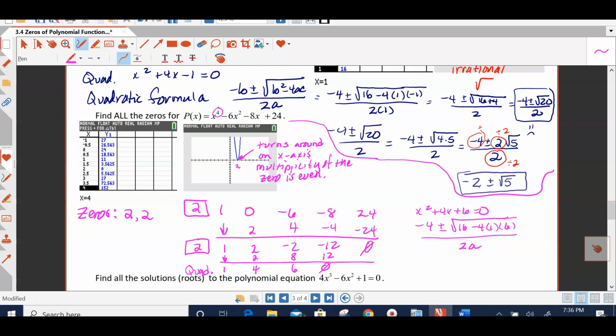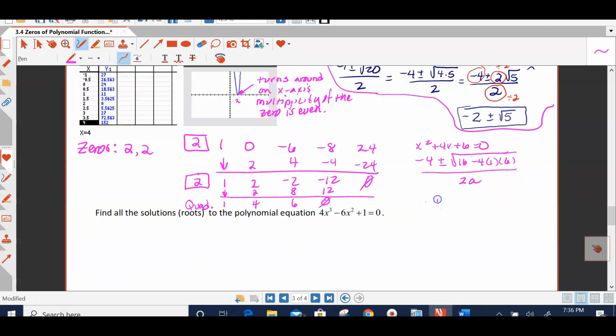Let me pause that. You should get negative 8 under that radical, and 2 times a should be 2 times 1, which is 2.